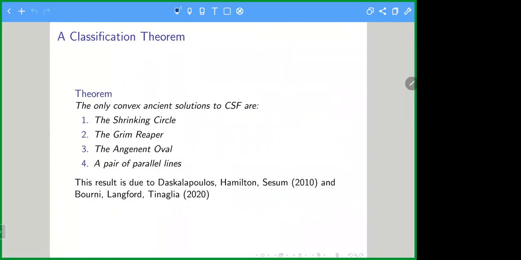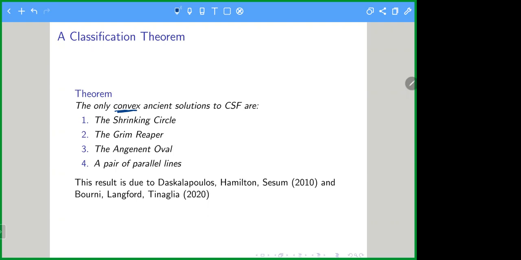Here's something nice about the curve shortening case. If you look at ancient solutions, there are lots and lots of them, but if you impose a convexity condition, it turns out that the four examples we saw are the only ones.